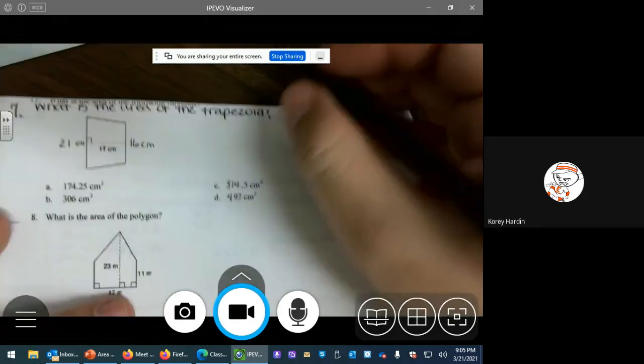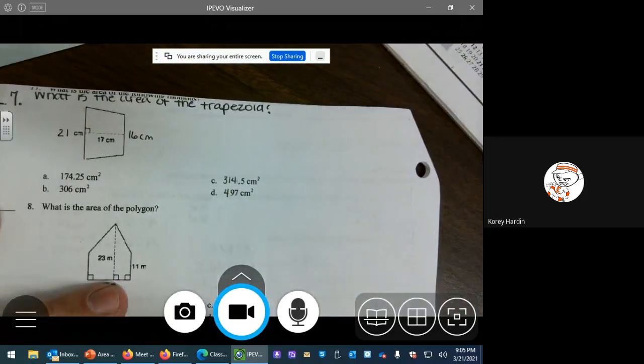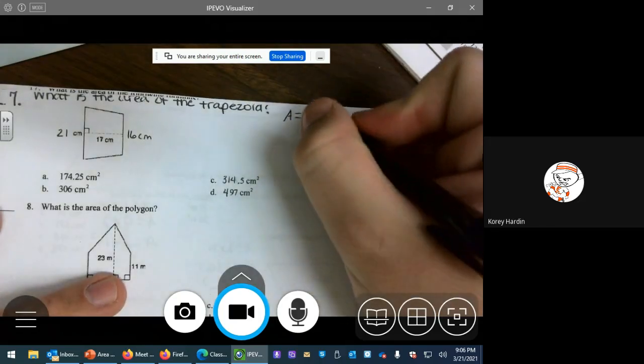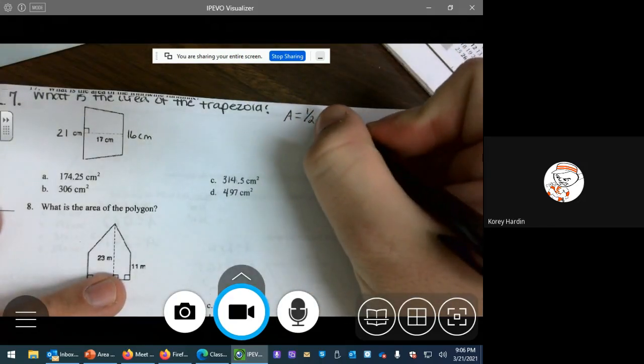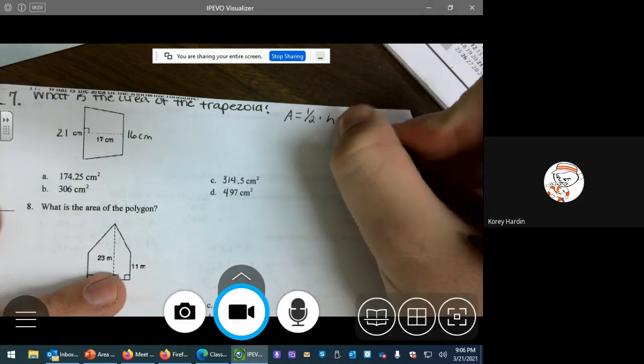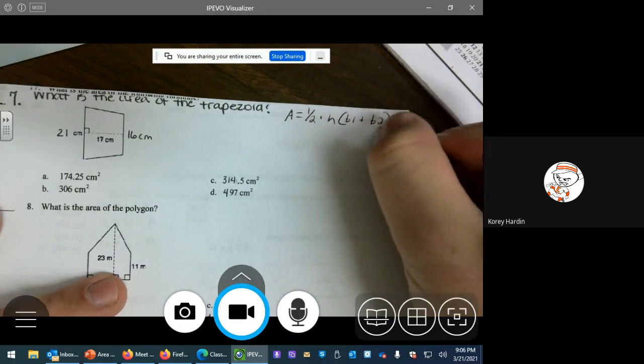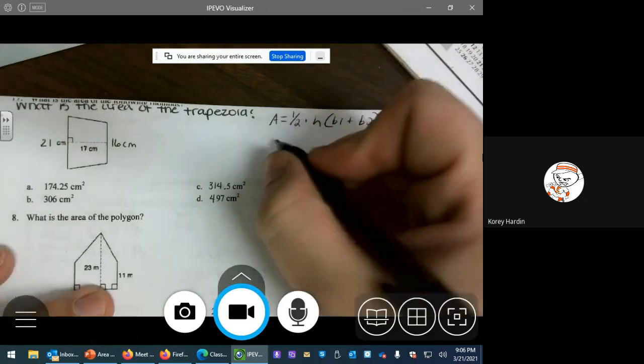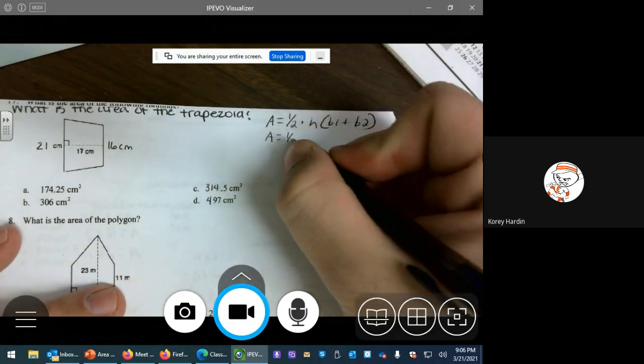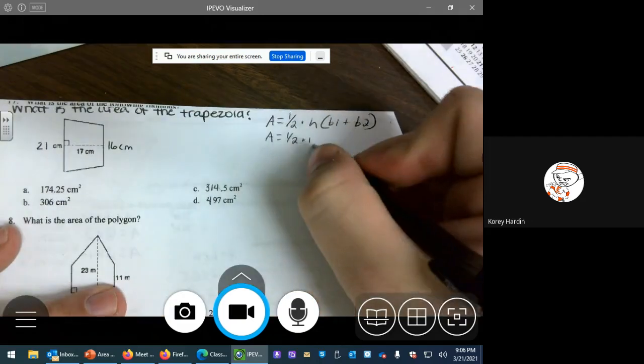this vantage point. So our formula for a trapezoid is going to be area equals 1/2 times the height. Then in parentheses, I've got B1 plus B2. So area equals 1/2 times 17.